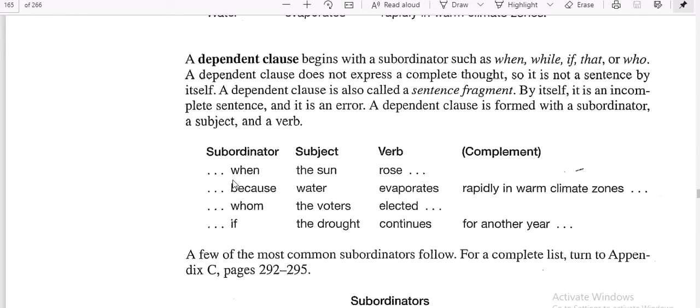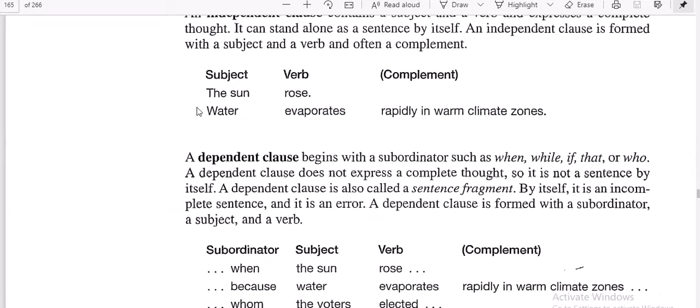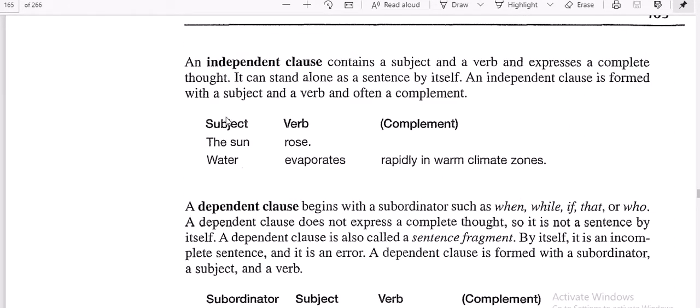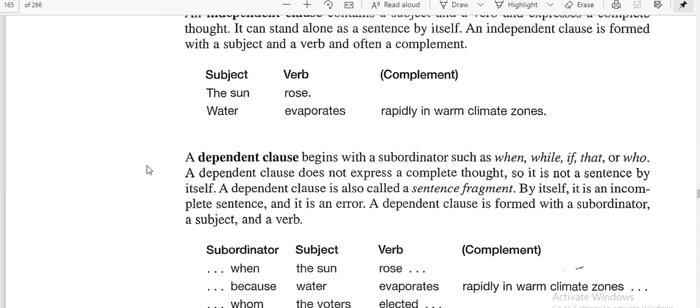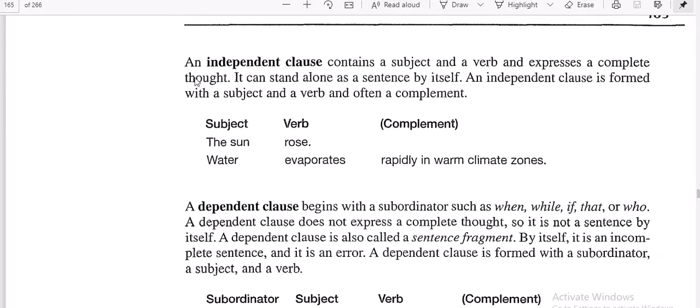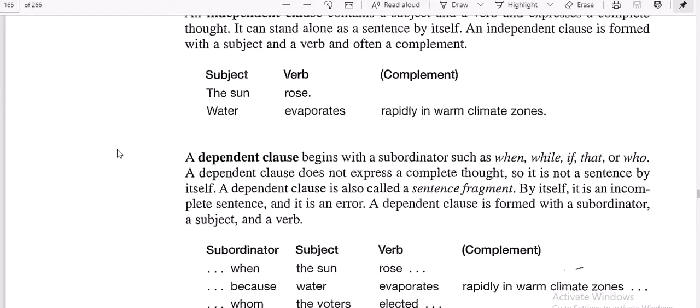And in this example, after adding a subordinator at the beginning of this clause, this subordinator converts the independent clause into what? Into a dependent clause. So here, "when the sun rose" is a dependent clause, but "the sun rose" is an independent clause.